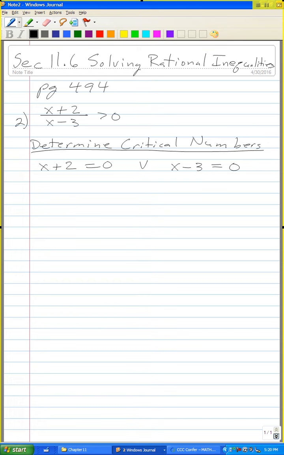So subtract 2 from both sides, add 3 to both sides, and I get x equals negative 2, x equals positive 3. Those are my critical numbers. Place those on my number line: negative 2, positive 3.